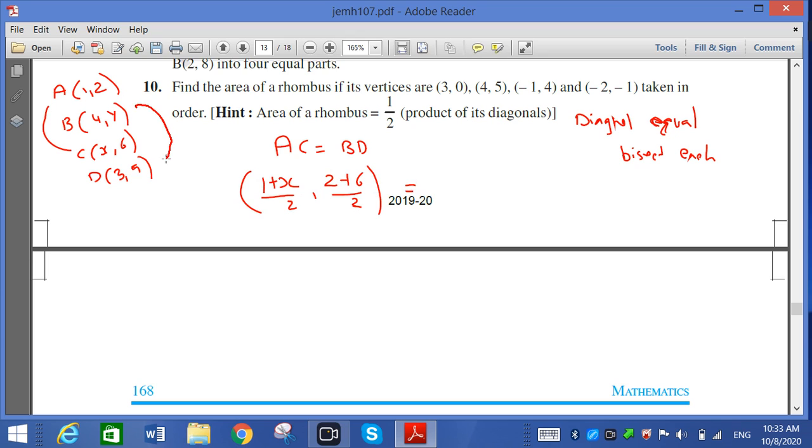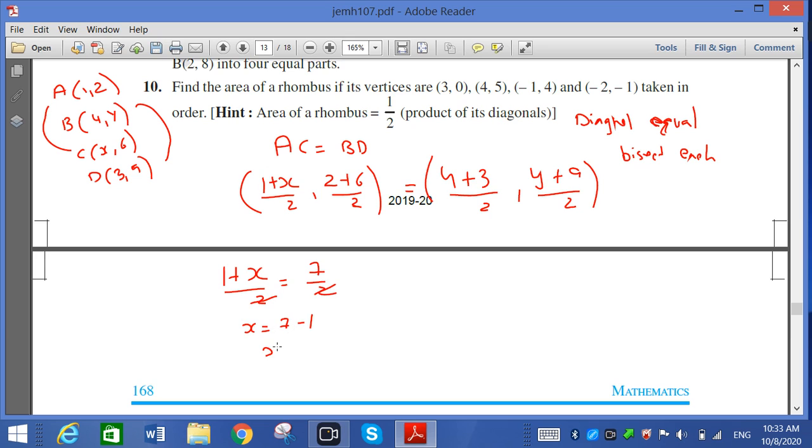Now B and D: 4 plus 3 by 2, comma y plus 9 by 2. Now we have to compare x with x. So 1 plus x by 2 is equal to 7 by 2. These two are equal, so x is equal to 7 minus 1. x is equal to 6.